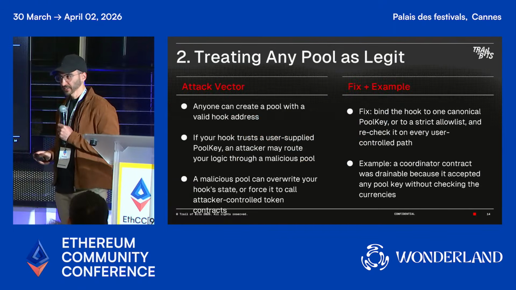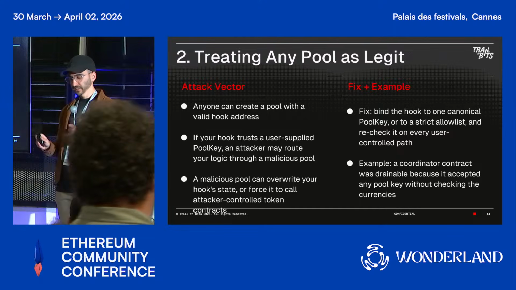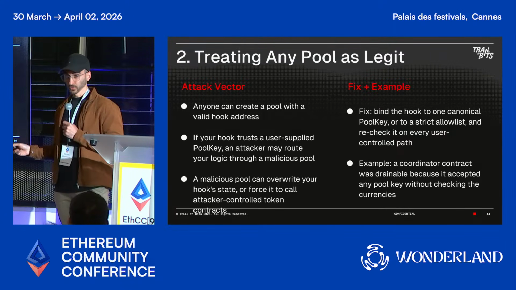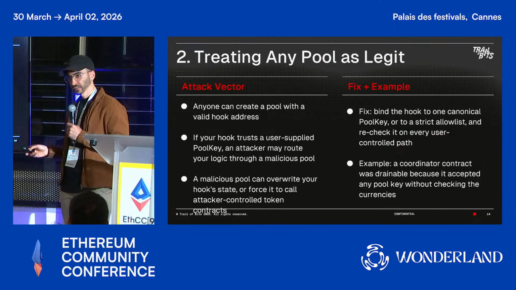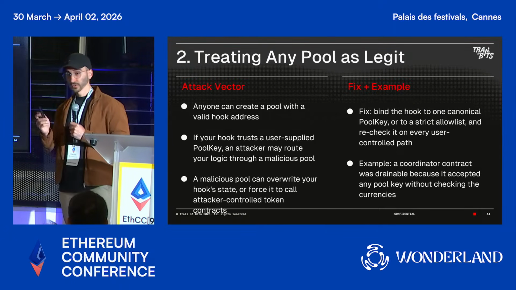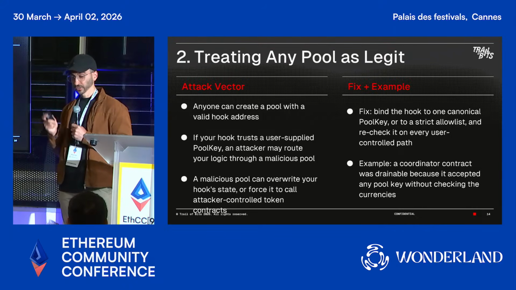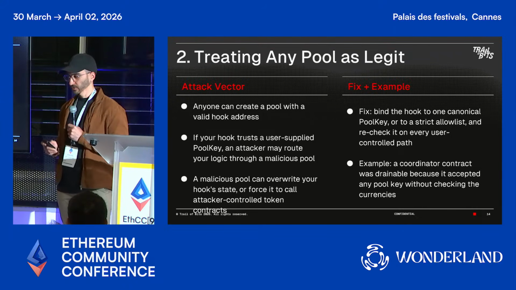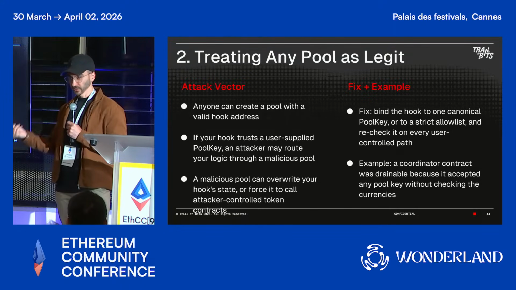The second one, and I touched upon it very briefly at the beginning: a pool key equals a pool. If you change any of the values in the pool key, in the struct, you change the pool you are interacting with. And so you have to make sure that you are interacting with the pool that you want to be interacting with, in order for the tokens to be the ones you want to have in your hook.